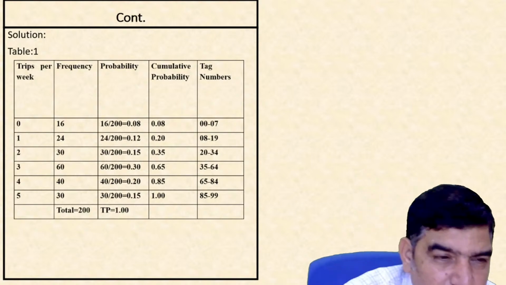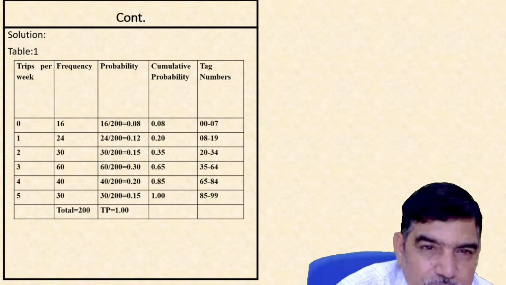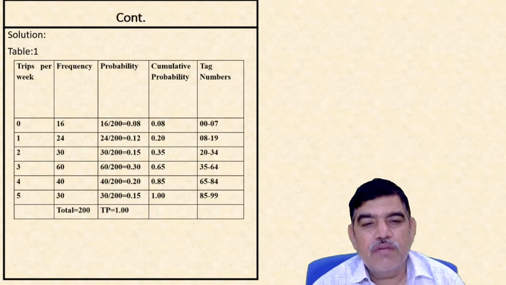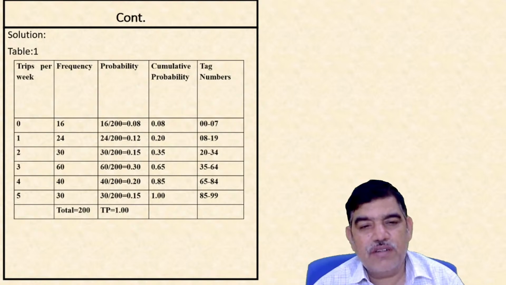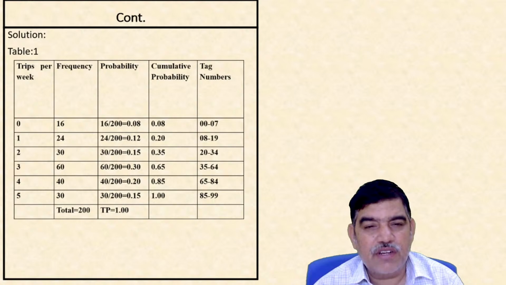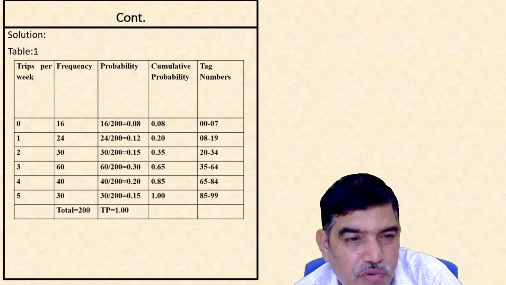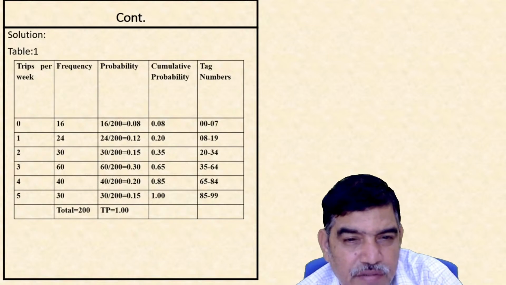Similarly, trips per week is 1. The cumulative probability becomes 0.20. So 0.20 means that is 08 to 19. That means that is the interval. Then for trips per week 2, the frequency is 30, then 0.35, and 20 to 34.